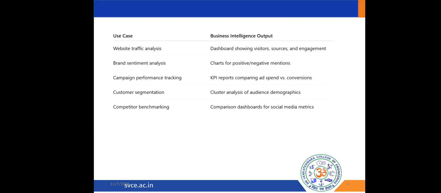Before launching a campaign, establish clear, measurable objectives. These goals will determine which KPIs you track. For example, a campaign for lead generation would track cost per lead, while a sales-focused campaign would focus on return on ad spend. So choose metrics that align with your goals.